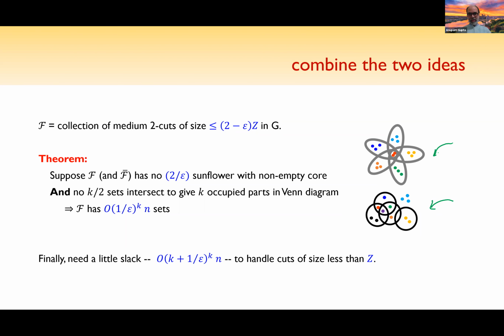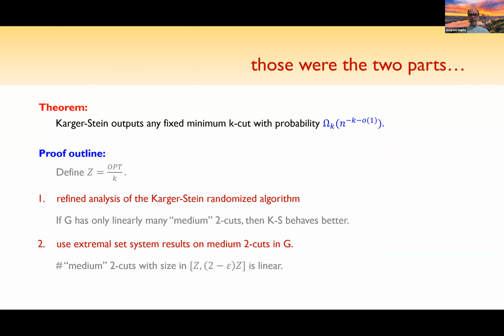Let me not dwell on that. The main idea I want to tell you is that this collection of medium two cuts in the graph has a very nice set structure as a set system. It has all kinds of nice properties. You should use that, and this is what we hadn't used earlier. Once we realized we had to use this, it took some time, but then we managed to get it.